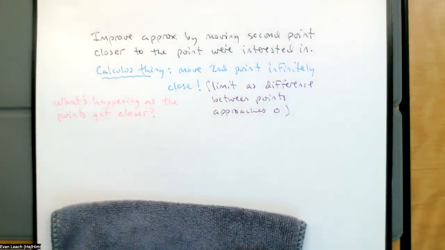We're asking ourselves, what's happening as the points are getting closer? Where is the slope of the secant line headed? So the limit of the slope of the secant line should equal the slope of the tangent line.